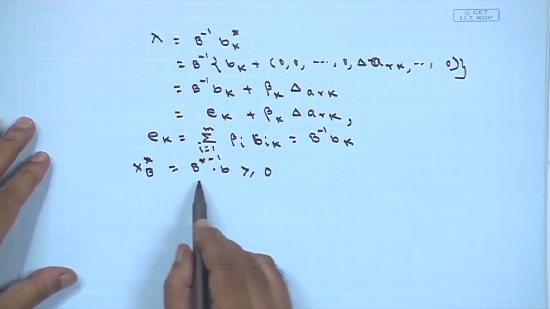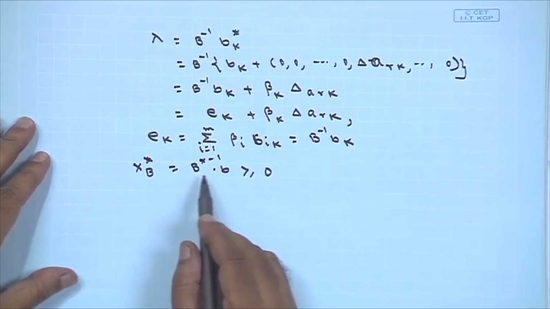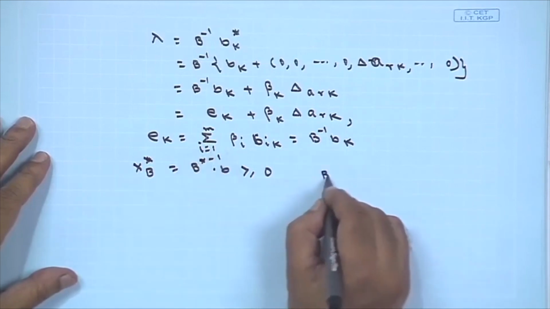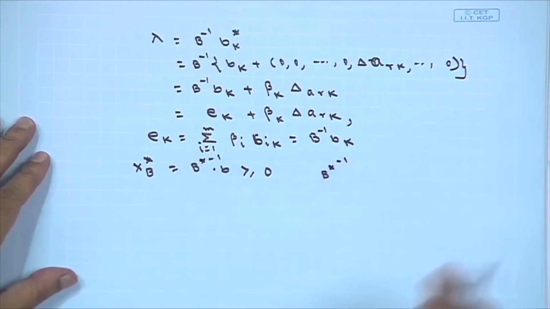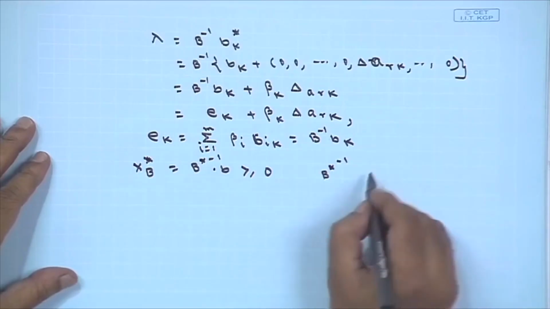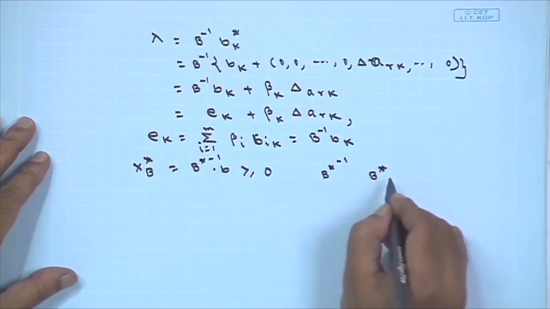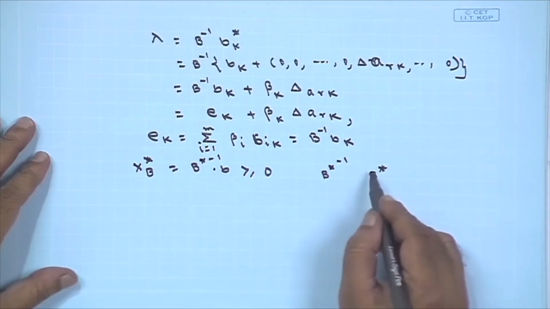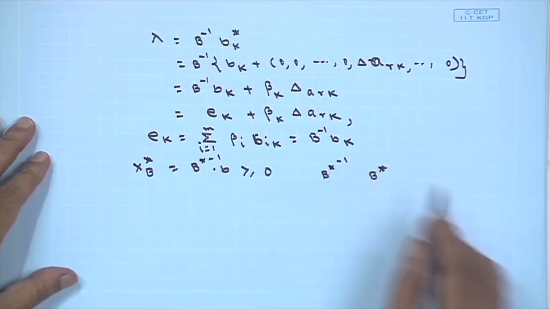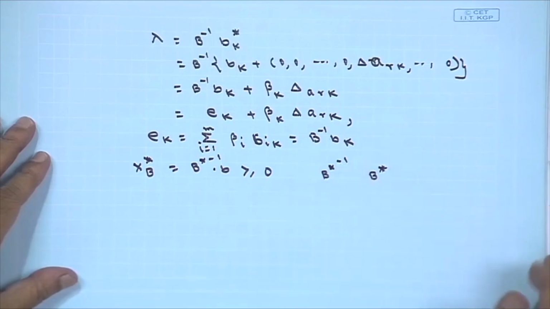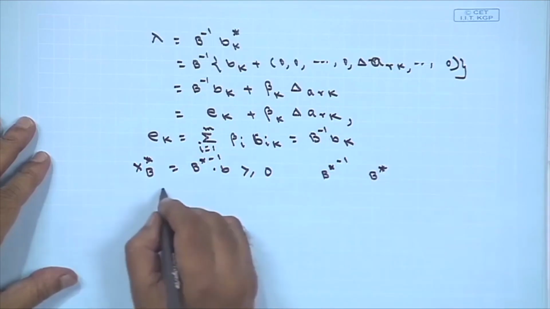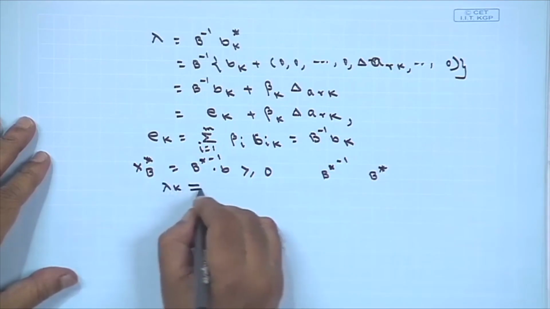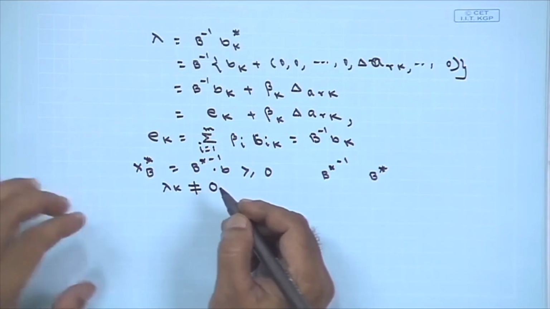Now, this b star inverse will exist only when b star is non-singular. As we know, if b star is non-singular, then only b star inverse will exist. So, we must have this delta k not equal to 0.